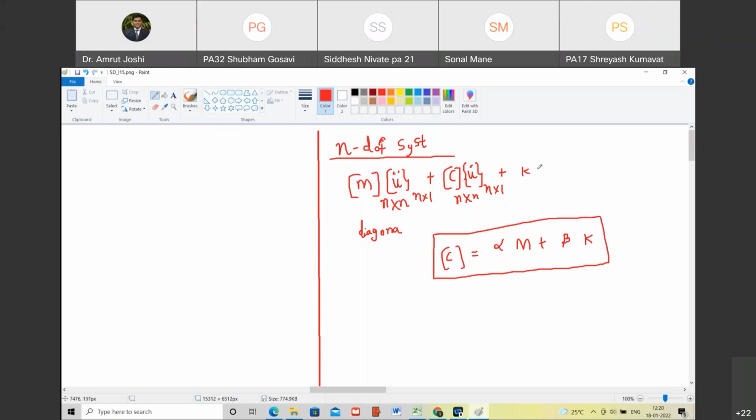Plus K U. What is the size of the K matrix? It is n cross n. What is the size of the U matrix? n cross 1. This must be equal to F of t, which is a force matrix, also n cross 1.